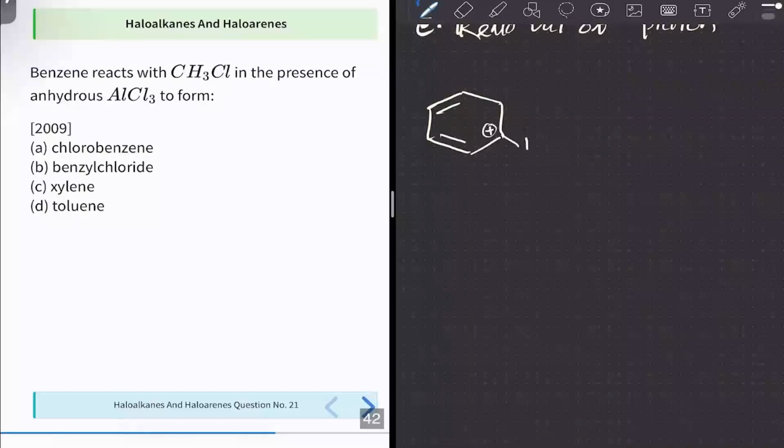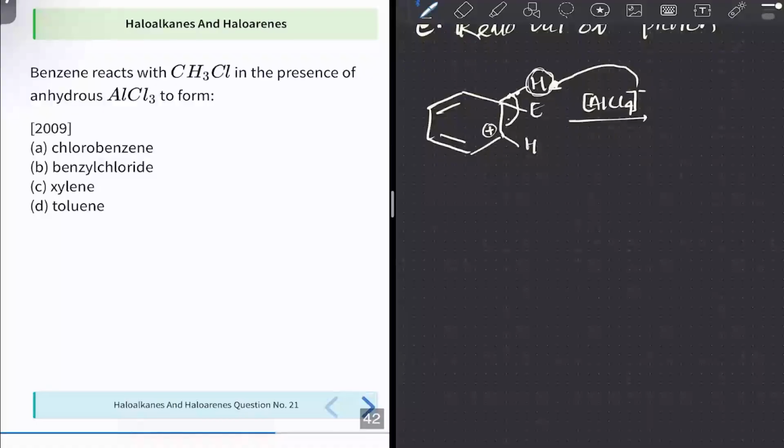Here is the hydrogen, E and hydrogen, and AlCl4 minus was formed in the first step. AlCl4 minus will attack the hydrogen here. It will accept the H plus and two electrons will be formed here.